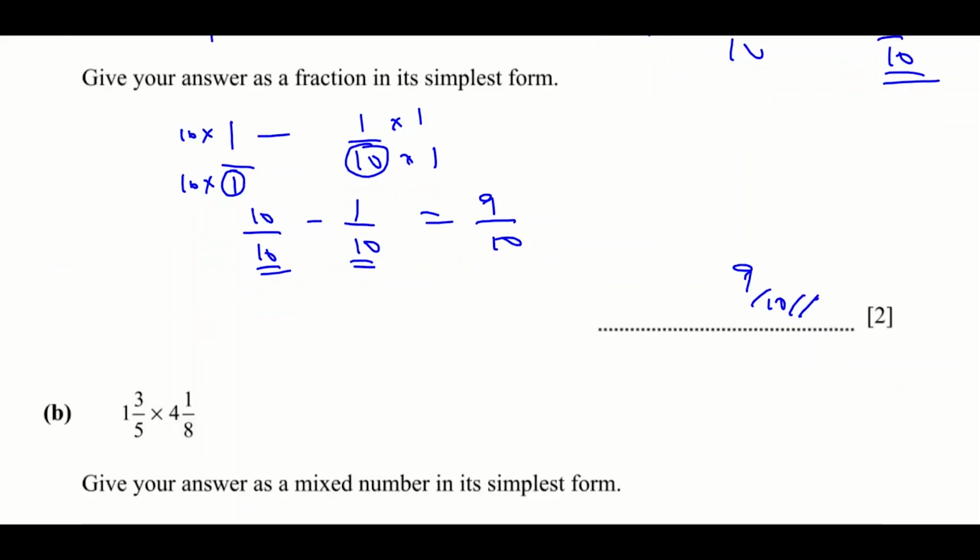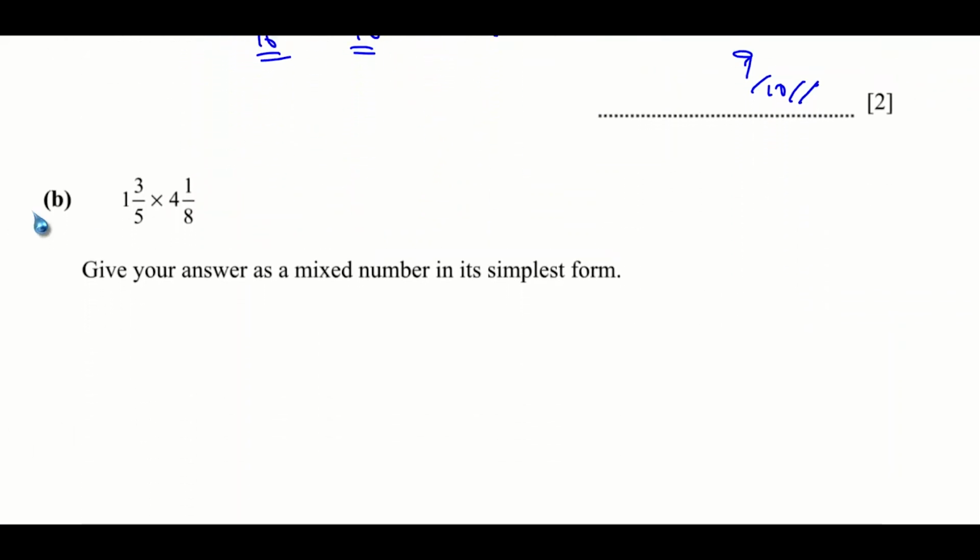So part B, we want to evaluate this. So let's write this as an improper fraction. So that will be 5 times 1, 5, add 3, that will be 8 out of 5. Then multiply by 8 times 4, that will be 32, add 1, that will be 33 out of 8.